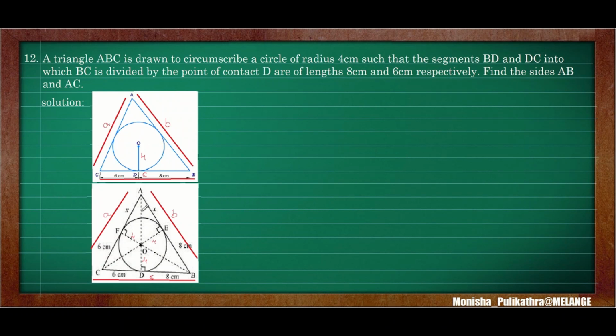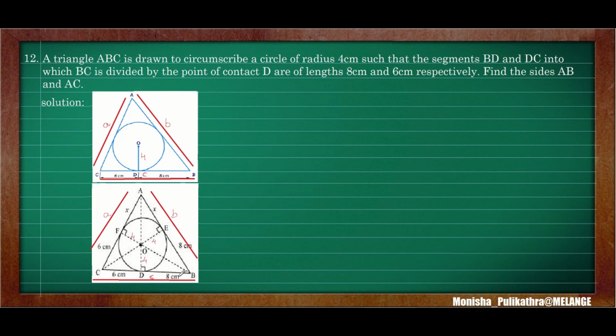So the construction is, we need to draw the dotted lines. You can see here the dotted lines, where this is the point O, the center. OD is 4. Likewise, we need to draw OE perpendicular to AB and OF perpendicular to AC. Both OE and OF are also 4 centimeters because they are radii of the circle.